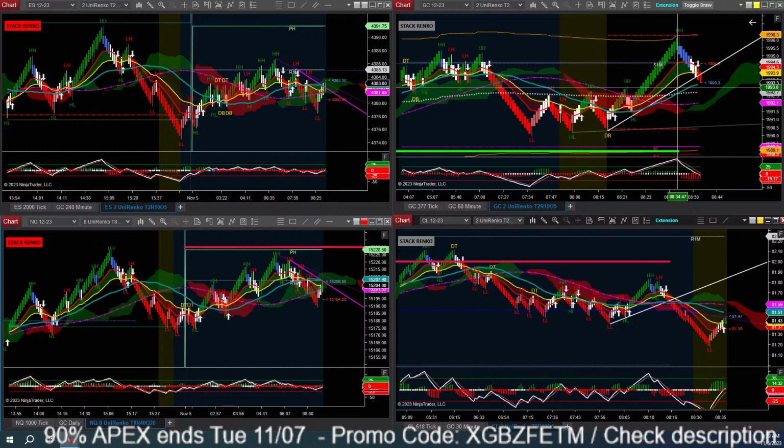Momentum on the 240 minutes is down, is negative. And momentum in the 30 minutes is positive. There's one red bar.